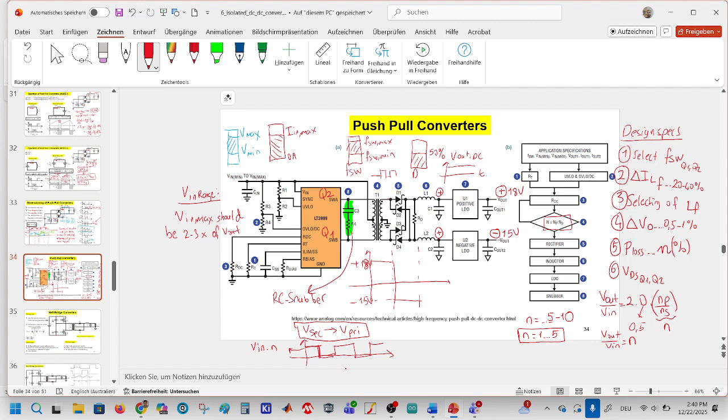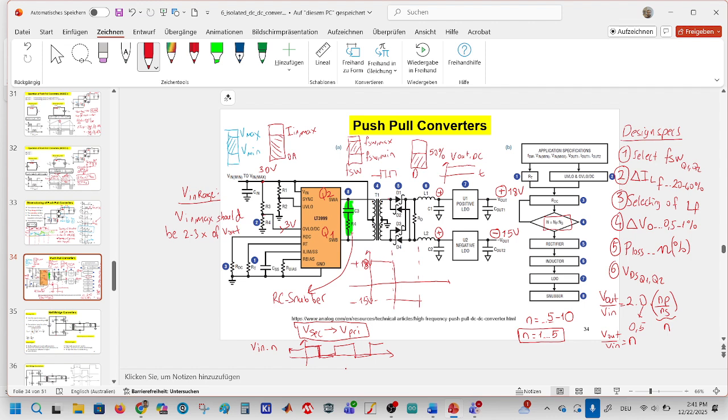So we have over voltage protection here. Let's say we have a maximum value of 30 volts here, and this would be, for example, 3 volts.